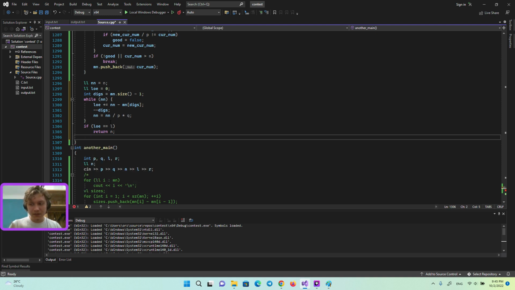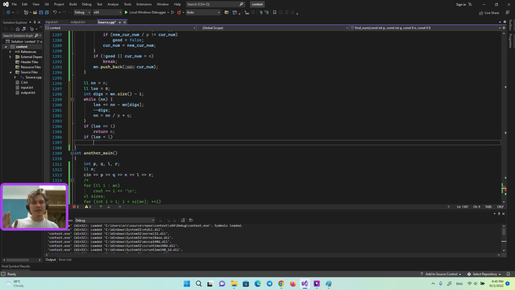And after that, I have two options. If LOE is less than L, this means that NN is too small.